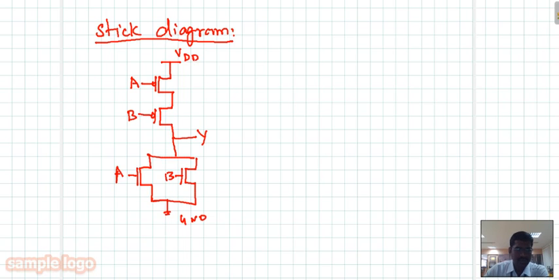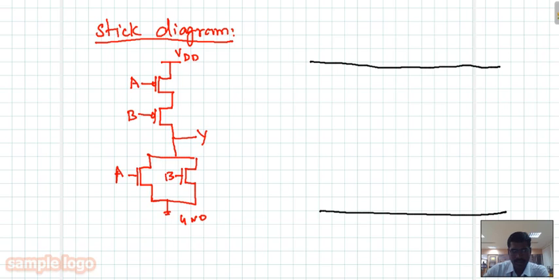Okay, so whenever you draw a stick diagram, it is better to use suitable colors. For VDD and ground we are using black color.